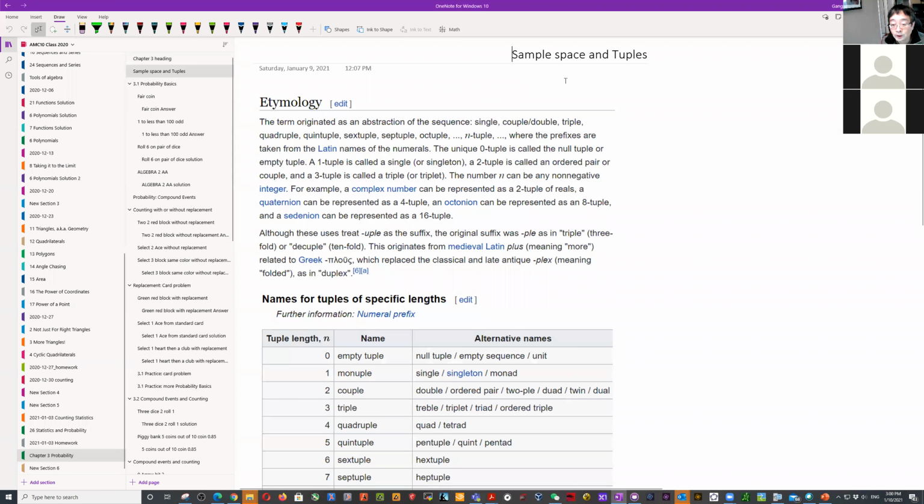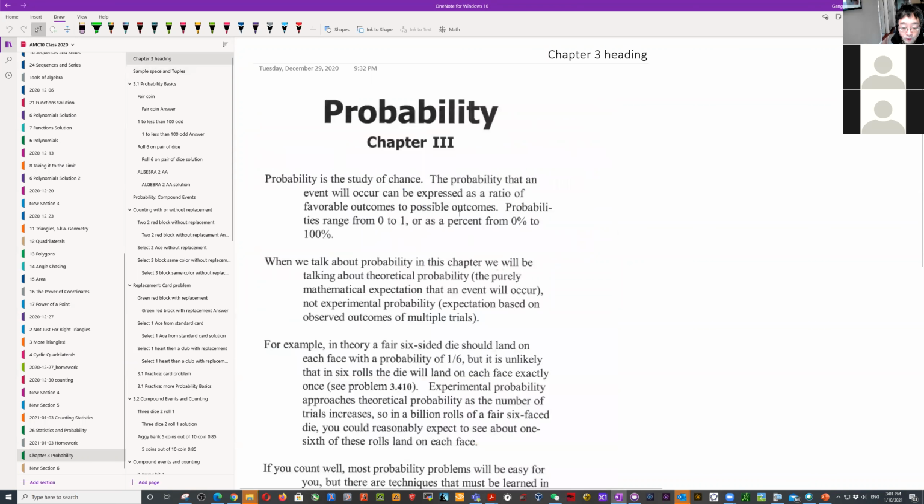So let's go through the concept of the tuple. Probability is a very late-developed branch of math that originated from gambling, and the pioneers were Fermat and Pascal.